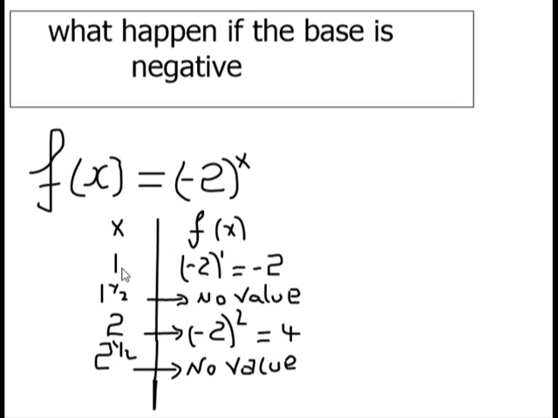If x equals 1, it's -2 to the power of 1. The result is -2. Let's say we have x equal 1.5. Guess what? If you use any calculator and put -2 to the power of 1.5, there is no value.